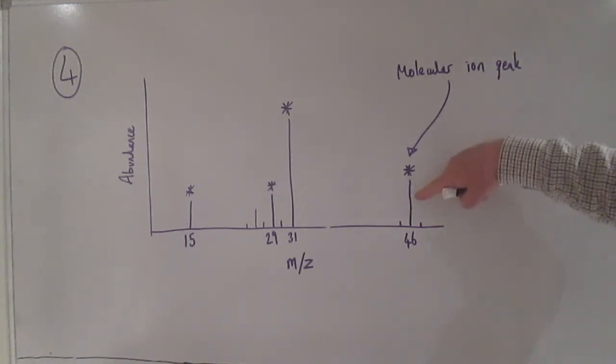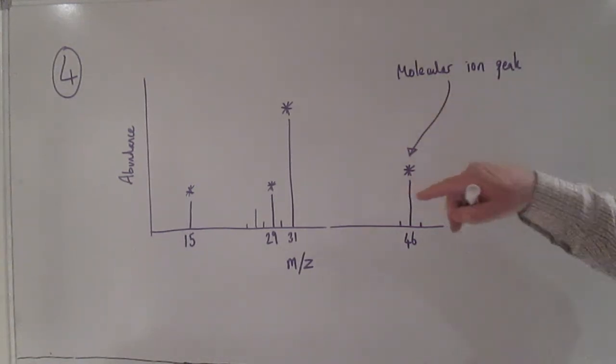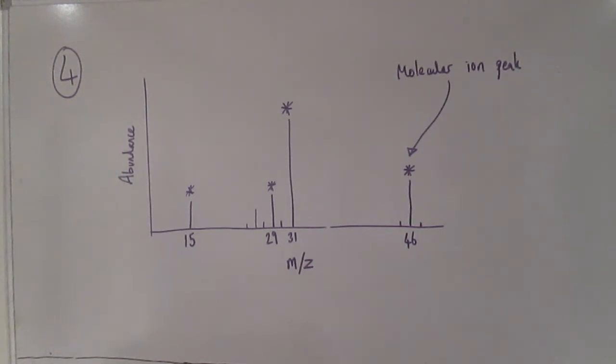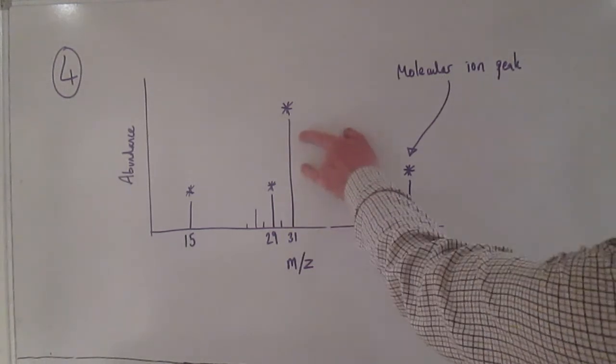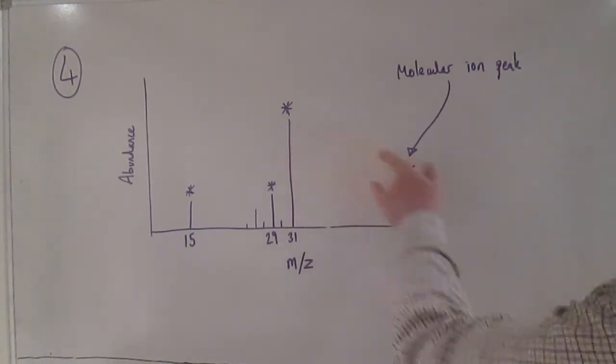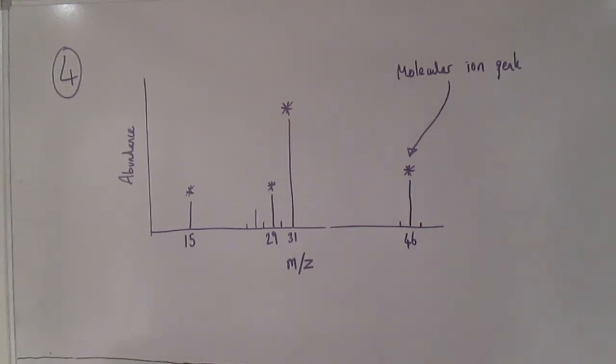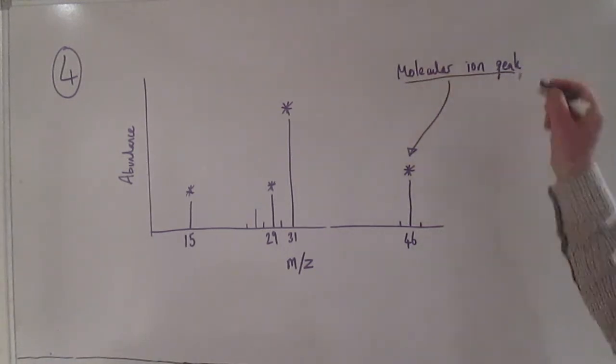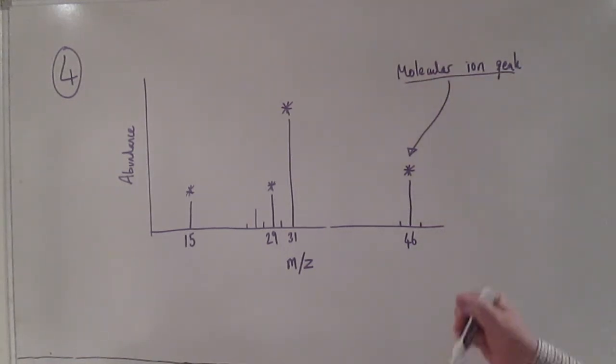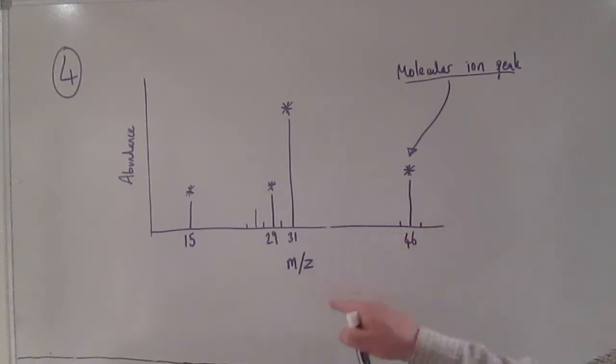Notice it's not necessarily the tallest peak, because often you find that a majority of molecules fragment. So the molecular ion peak may be one of the smaller peaks. So this one, there's much more of this fragment than there actually is of the intact molecule. That's perfectly normal. So when you're talking about the molecular ion peak, make sure you explain it's not necessarily the biggest peak, but it's the peak with the biggest m/z value is what we're talking about here.